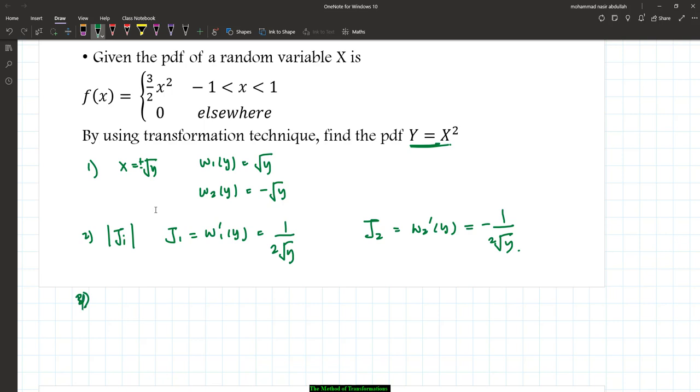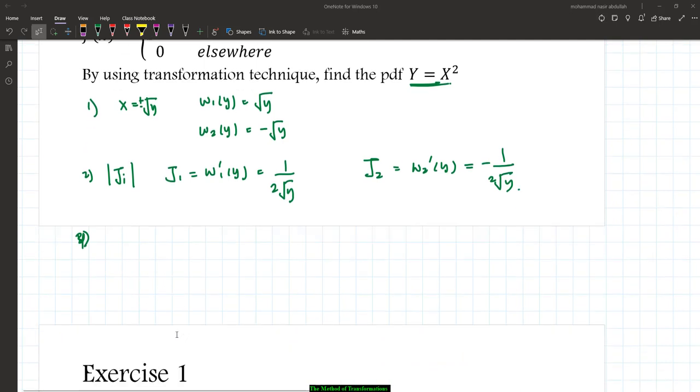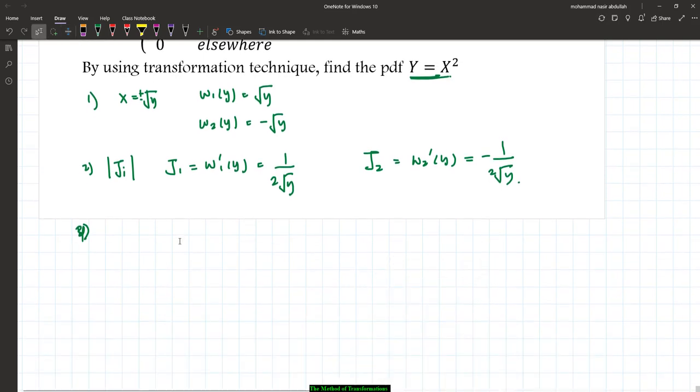Step number 4. We need to plug in the value into the formula. So gy equal to the summation of f of wi y, right?